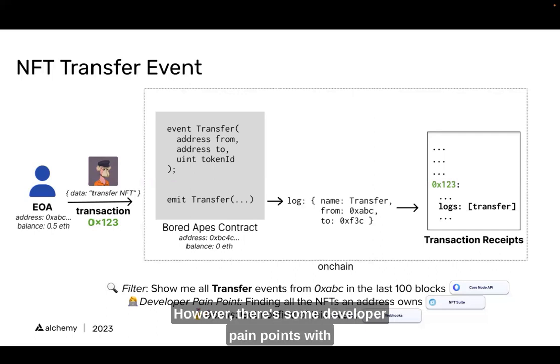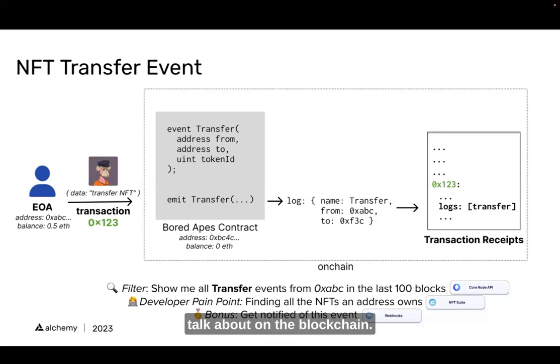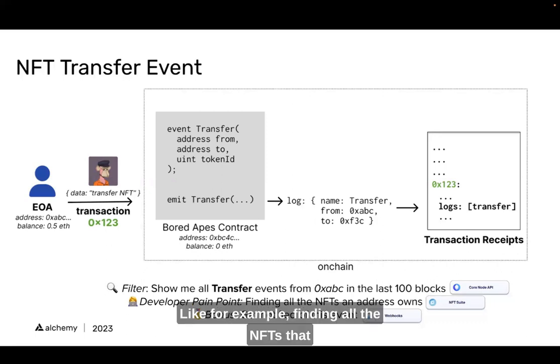developer pain points with NFTs and all other abstractions that we talk about on the blockchain. For example, finding all the NFTs that an address owns. This is actually really difficult. If you look at this image, it's hard to figure out how I would find, for a particular EOA, all the NFTs that they own.